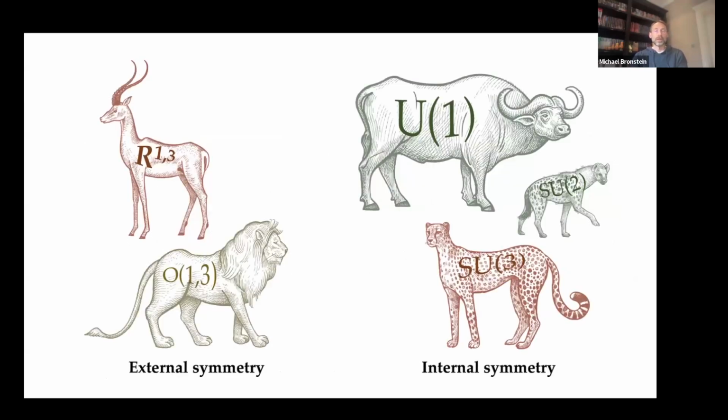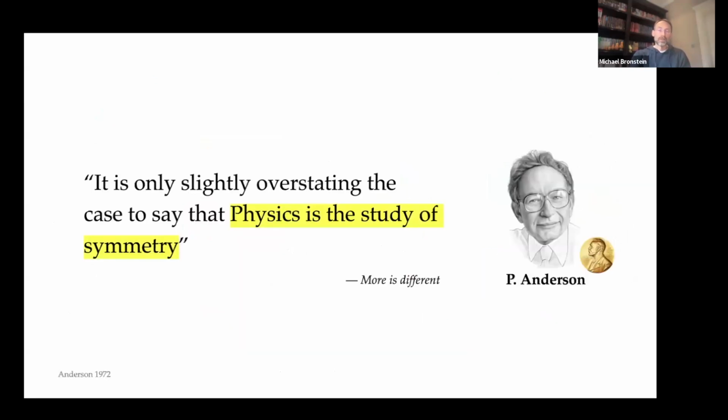So physicists typically distinguish between external symmetries, in this case what is called the Poincaré group that gives rise to the Minkowski geometry of special relativity, and internal symmetries of the quantum fields from which you can derive different forces or different interactions between particles. So I think it was very beautifully put by Philip Anderson, Nobel laureate in physics, that it's only slightly overstating to say that physics is the study of symmetry.